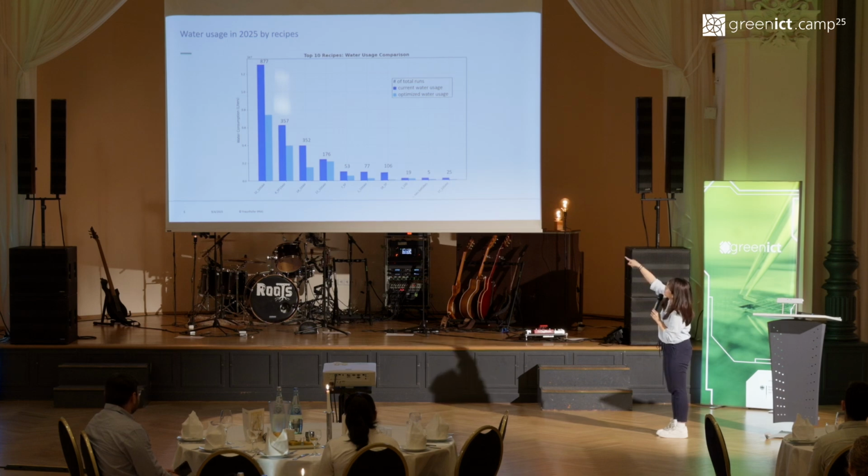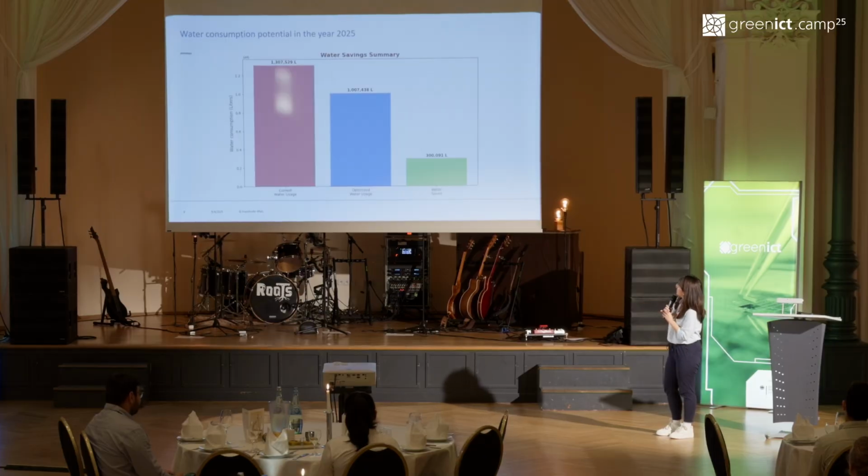Yeah. And the numbers above them tell you how many runs each recipe had, because actually the water consumption is not dependent on the number of wafers inside those lots, but rather on the lot itself. Okay, next, please.